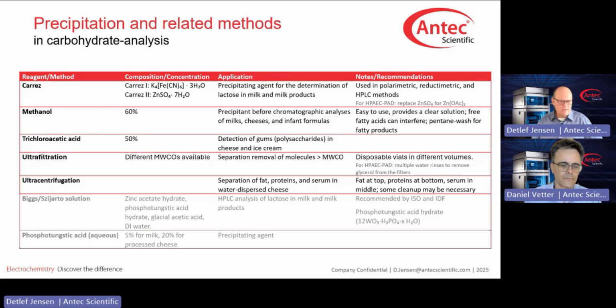So what you do is you add these two solutions to your sample. The protein precipitates and you filter off. The interesting thing is that while you are precipitating the protein, fat is also being removed. So it's basically a co-precipitation of the fat. So two birds with one stone.